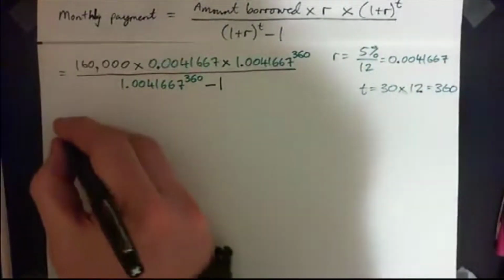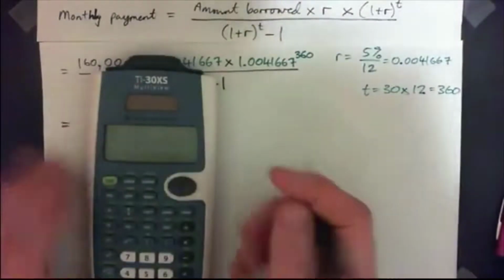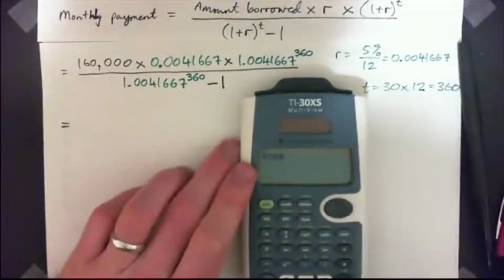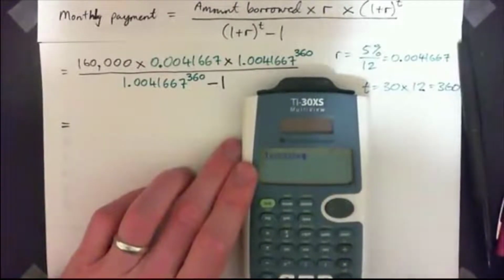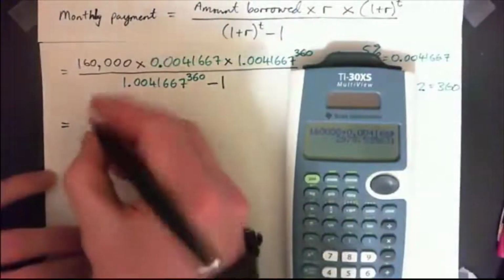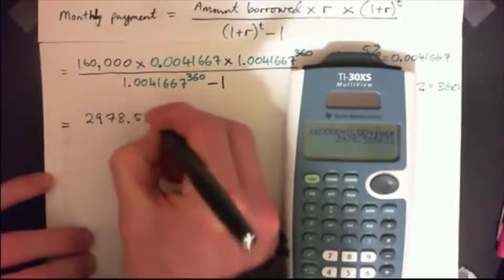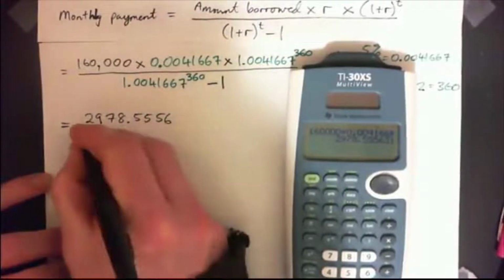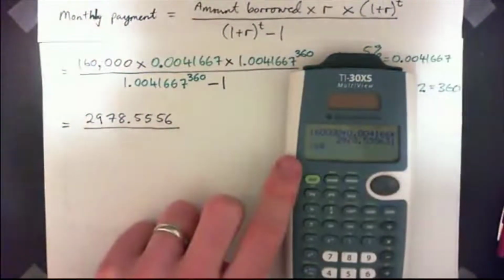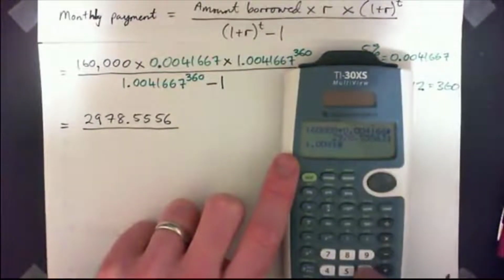In any case, that's 160,000 times 0.0041667, and then times 1.0041667 to the power of 360. On the top we should have that number, approximately 2978.5556, over the bottom number, which is 1.0041667 to the power of 360, and then minus 1.